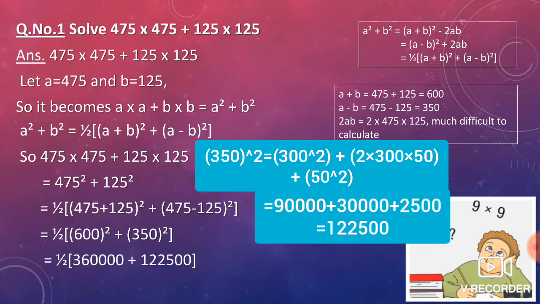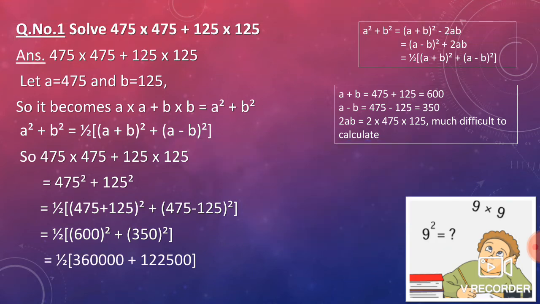So the answer will be half of 360,000 plus 122,500. Now we have to add these two numbers.